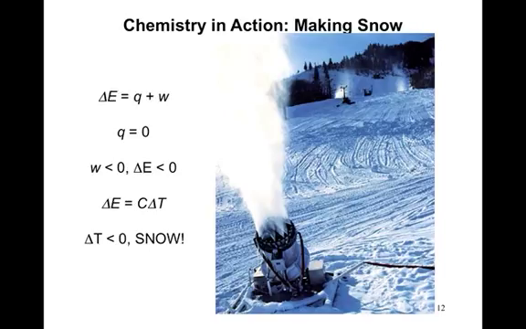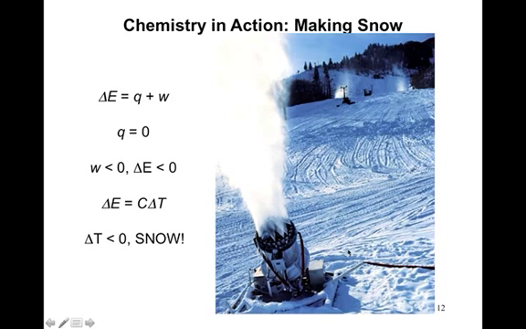And what they basically want to do is wait until their temperature and humidity are about right for making snow, and then they are going to use these laws we're talking about in thermodynamics, the energy change, the work they're going to do on a system, and the temperature they want that system to be at.